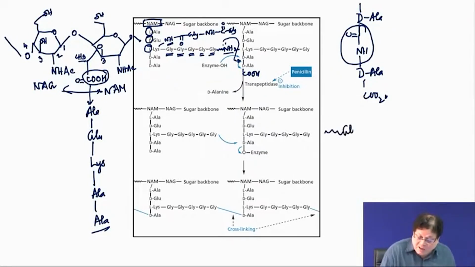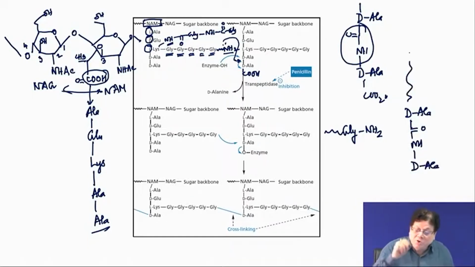Suppose this is glycine that has got NH2, and then you have D-alanine. So, D-alanine, then CO, then NH, then D-alanine, and this was going to the top attached to an NAM, and now the reaction is basically this is attacking here, that goes out, that makes a cross link.